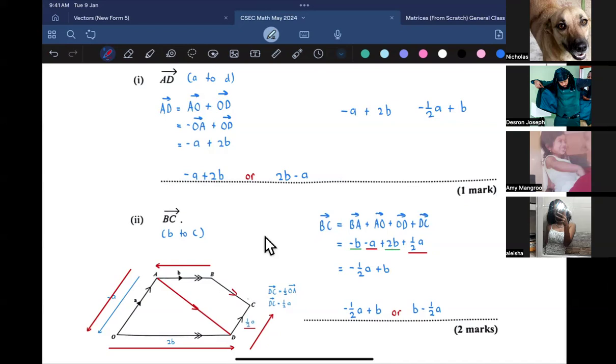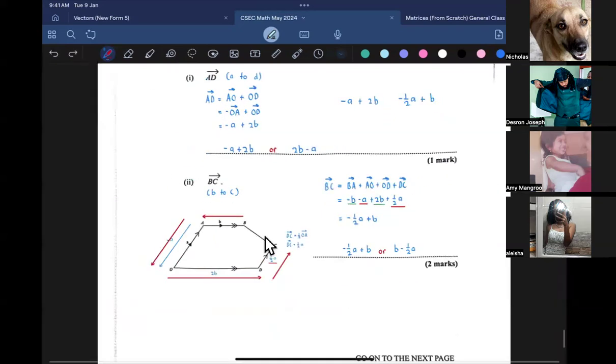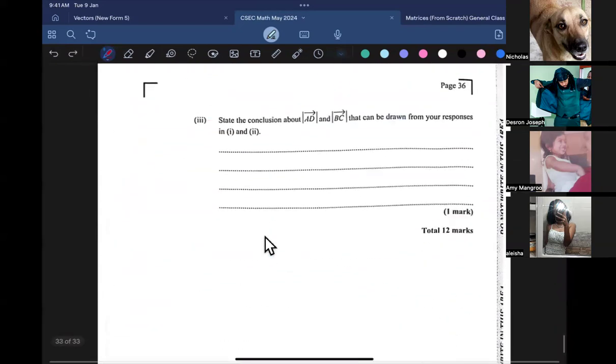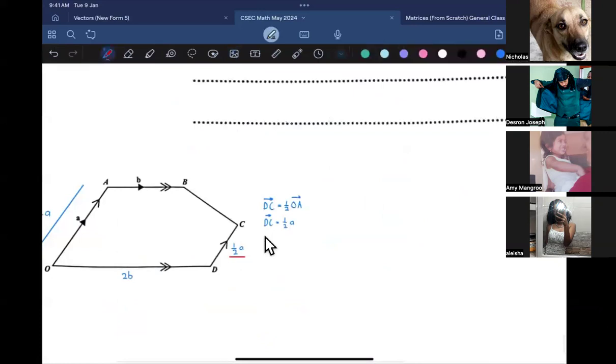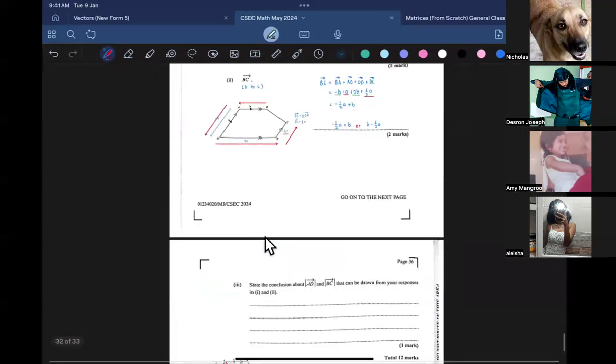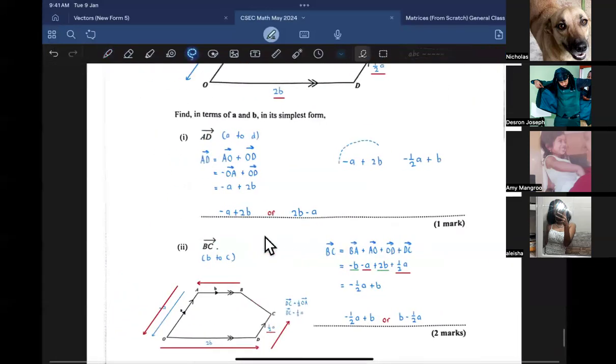It's just that B to C looks smaller than A to D. So I'm saying that A to D is parallel to B to C.